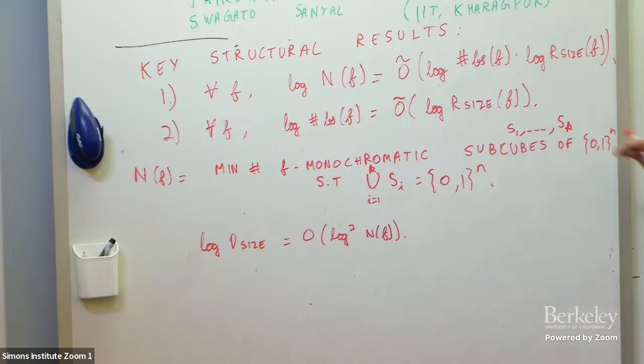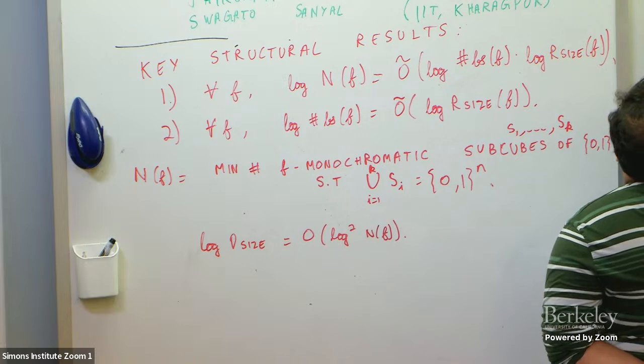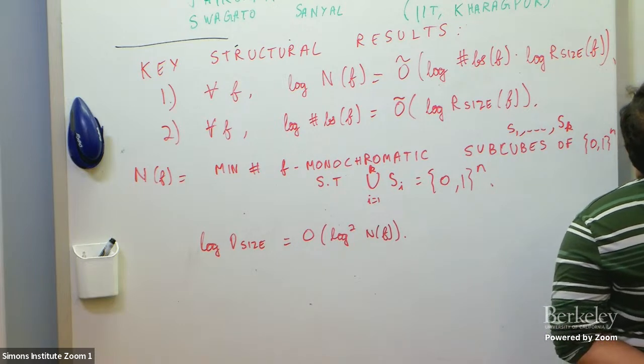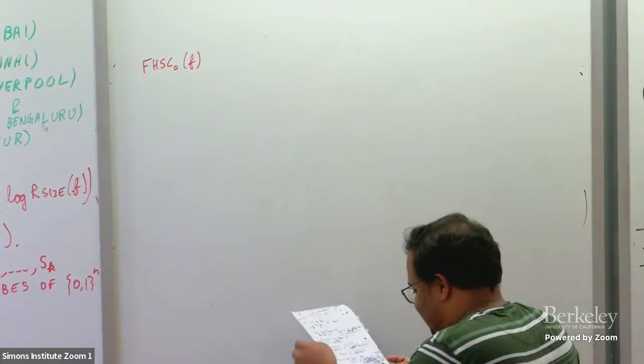Now, these are our key structural results that we use to prove theorem 1. And for theorem 2, we use another key intermediate measure, which is not block number, but which is 0 fractional hitting set complexity. Unfortunately, I don't think I'm going to define it here. I'm happy to talk about it offline.